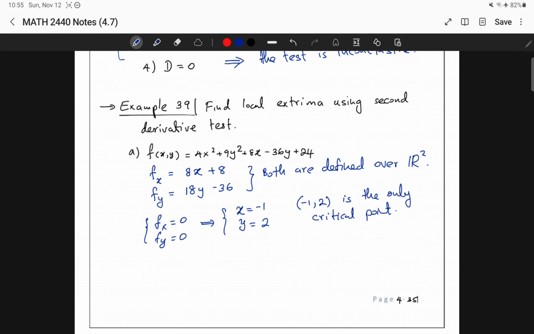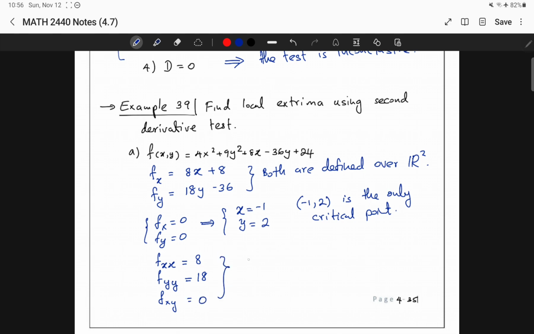Now we need to check the discriminant. To find the discriminant, we need the second order partial derivative with respect to x, the second order partial derivative with respect to y, and the mixed partial derivative. So you differentiate fx again, you get 8. To find f sub yy, differentiate fy with respect to y, and the mixed partial is 0.